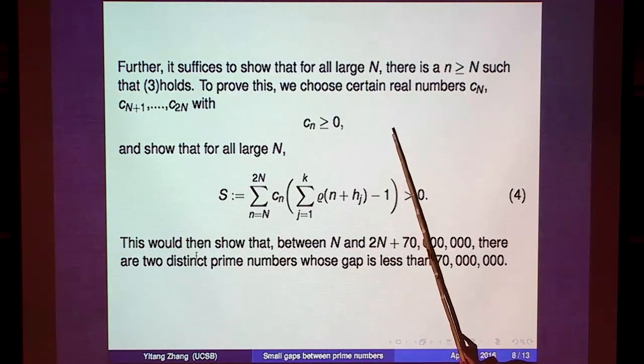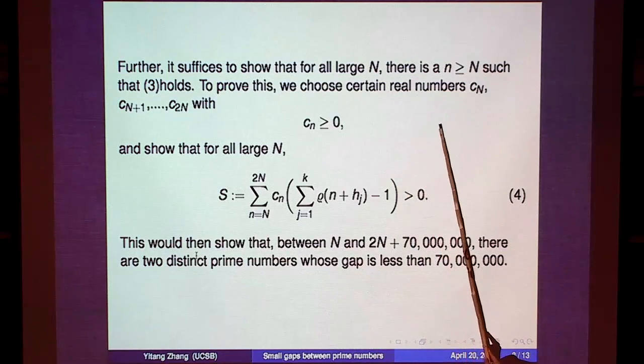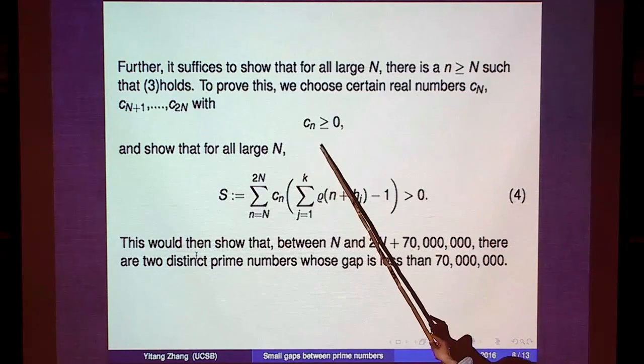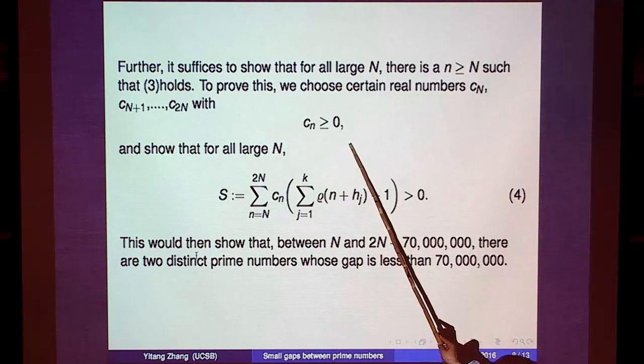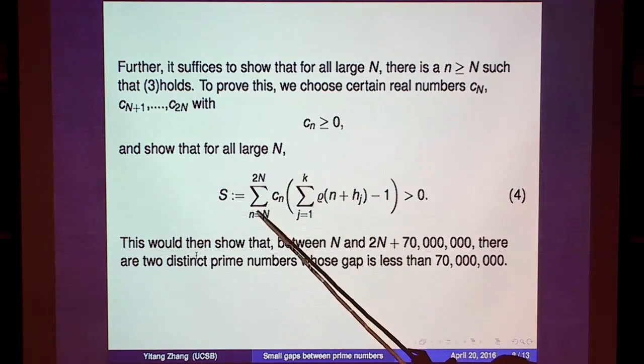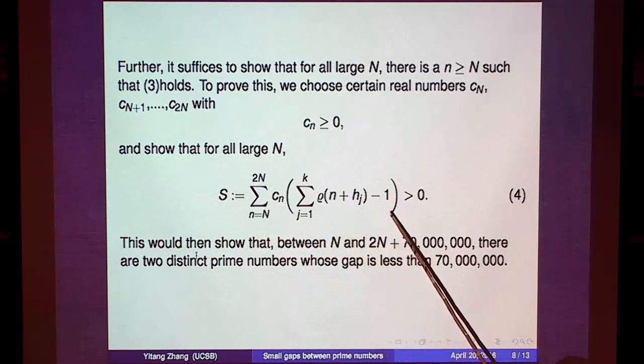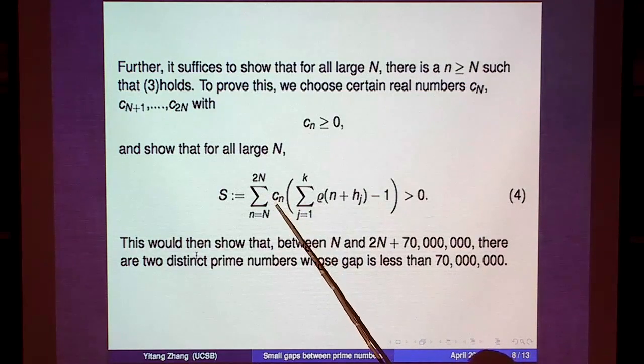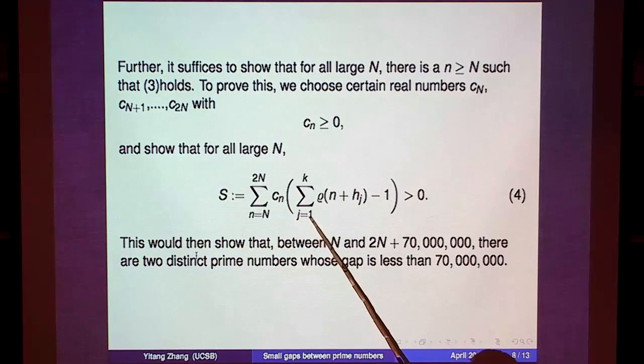To prove this, the idea is the same as before. We choose non-negative numbers C sub n, something like this. We have a non-negative condition and show that for all large n, this sum is positive. Then we repeat what we did before. It is positive, so at least one term is positive. We skip this one because C sub n should also be positive, which just means the large bracket here is positive.